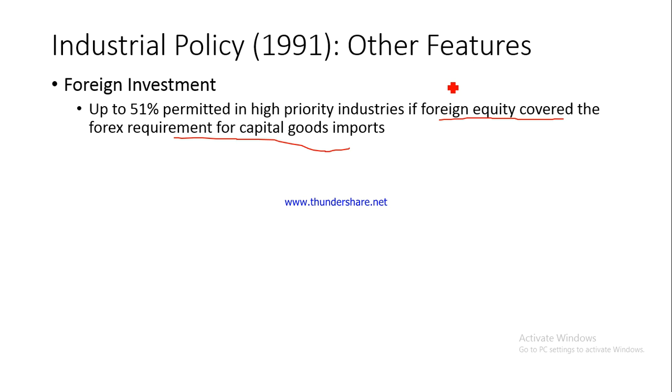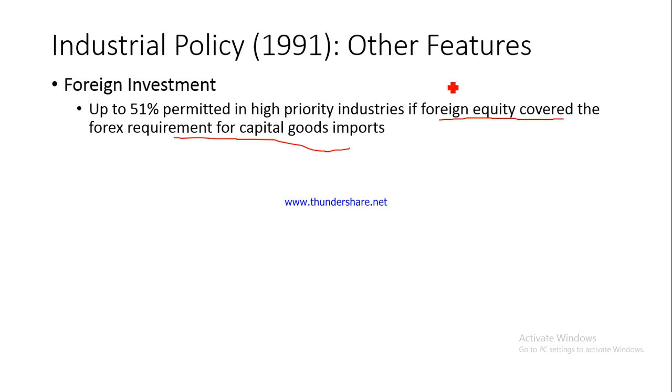I'll give an example. Supposing, just to make you understand, let's say that we have come up with a firm and the worth of the firm is 100 rupees. The foreign partner has chipped in with 51 rupees because up to 51% only is allowed, so he cannot invest more than that.